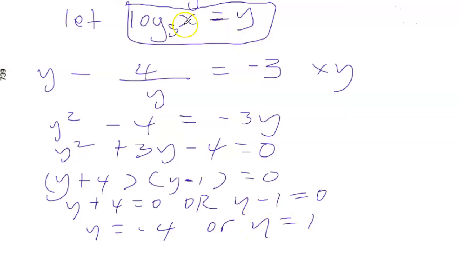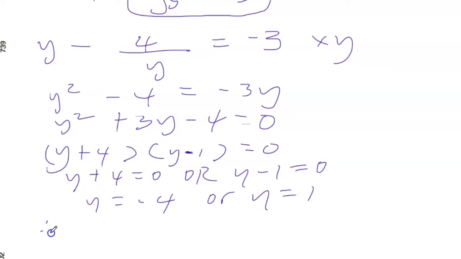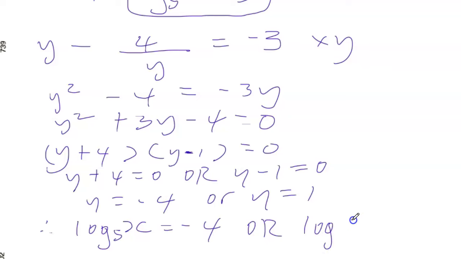Now recall that log x base 5 is equal to y. So therefore log x base 5 is equal to negative 4, that's what y is, or log x base 5 is equal to 1.